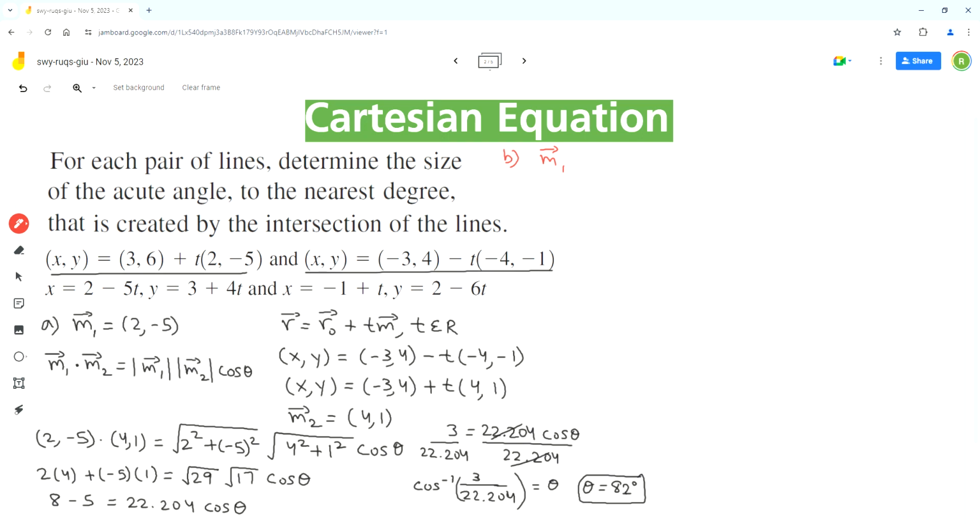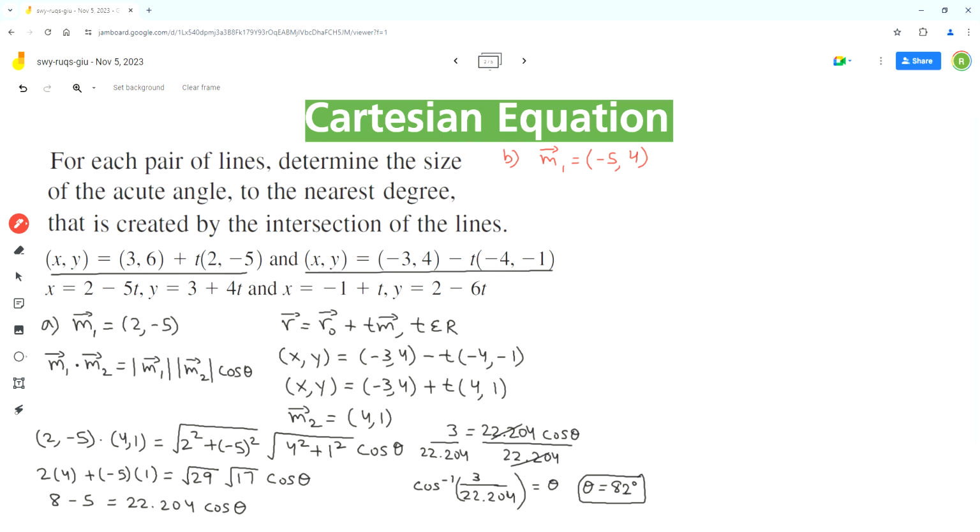The x component of the direction vector is -5, and the y component of the direction vector is 4, because that's the coefficient of the t term in the y equation. So this is the direction vector of the first line.